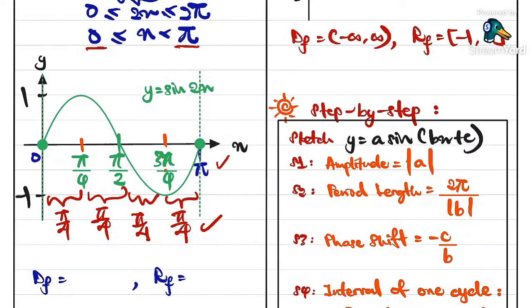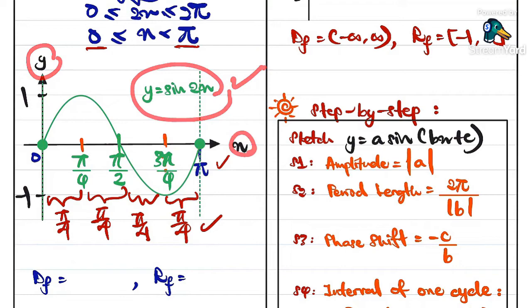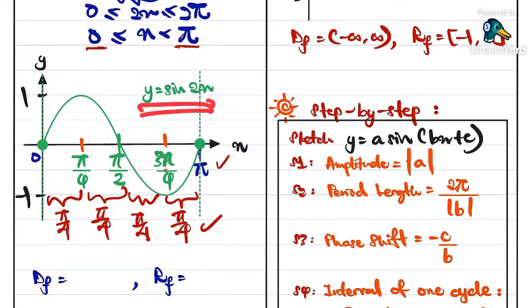So when you have all of these points, all of these critical points, it means that you are drawing a perfect sketch of the graph. So you are finished and just label it. You must label x and y, and then label the name of the graph, y equals sine 2x.